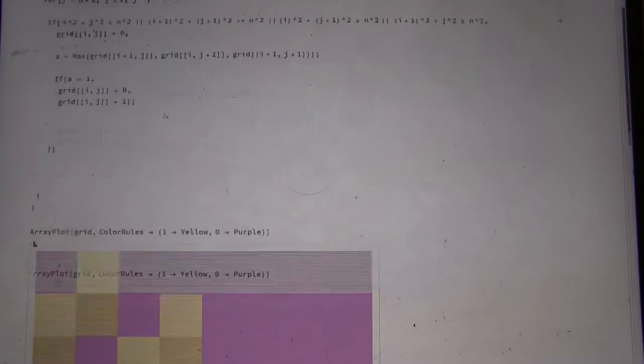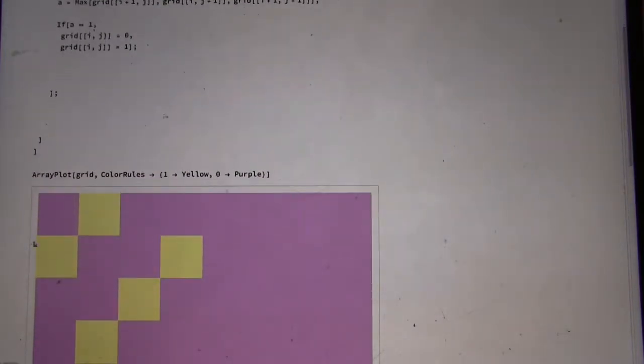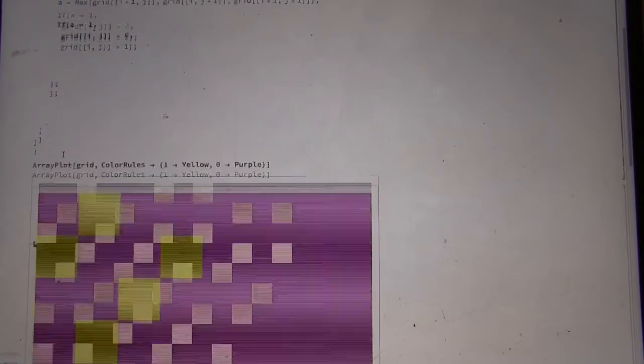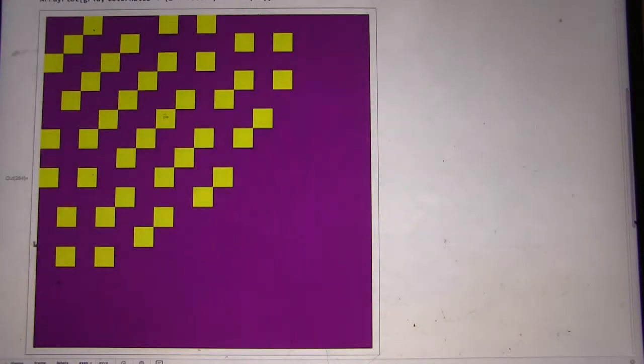Probably a lot more losses, because you have a lot more points that are going to be inside the circle, so that means you're going to have more losses. It's sort of like these almost rows going through the middle, and then there are just scattered points on the ends.